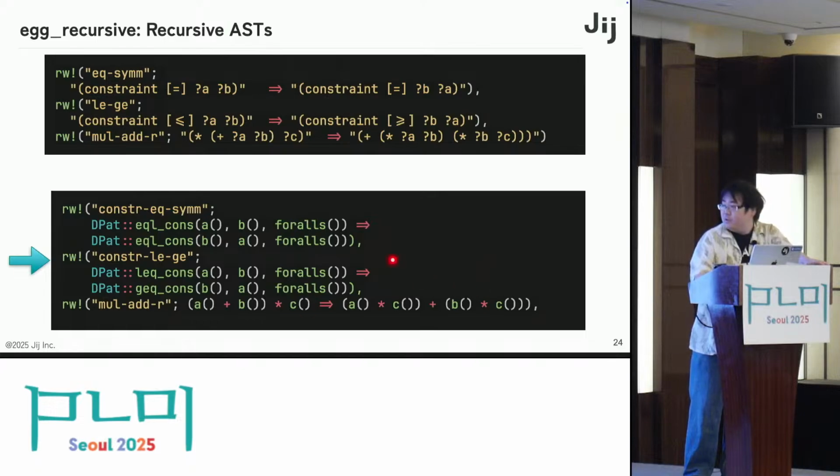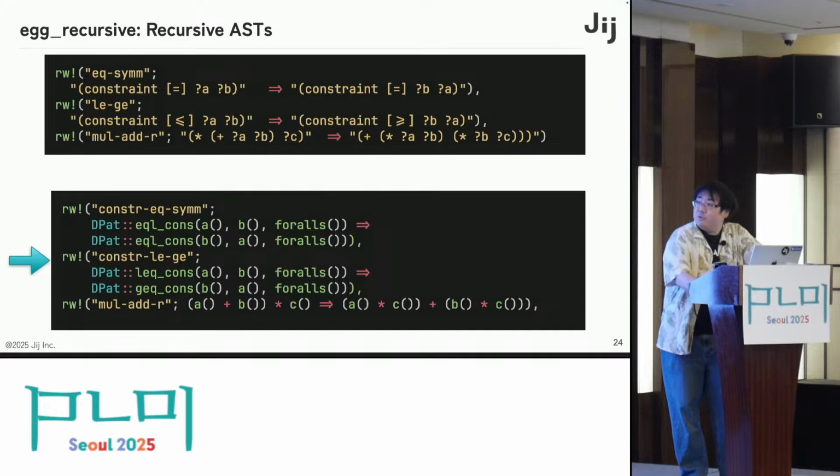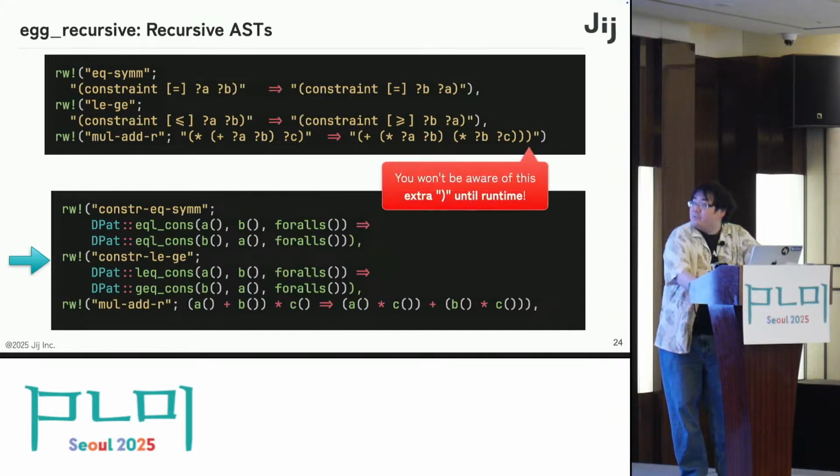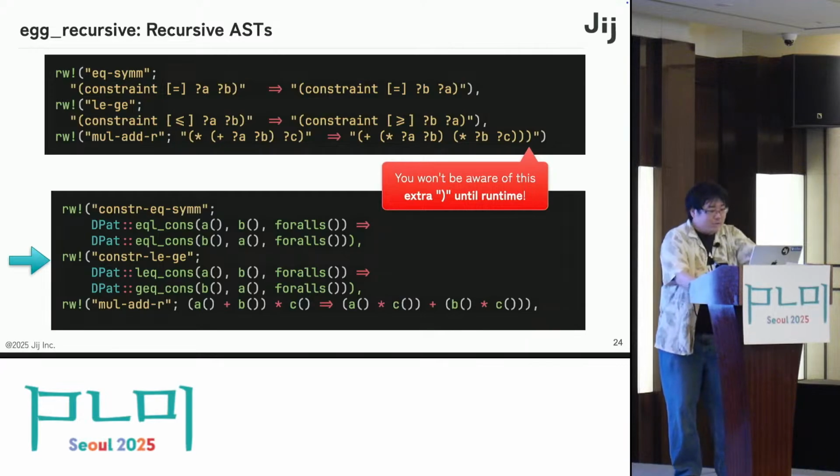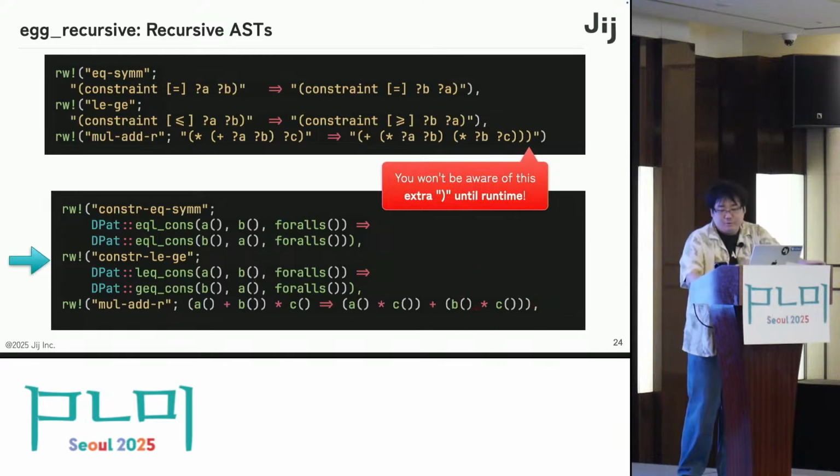So here we use times and plus operators, and I bet you're not aware this closing parenthesis is redundant or extra, and it will lead to a runtime error, but we are not aware. If we use an S-expression based interface, we are not aware of this extra closing parenthesis. But if there is such a thing here, the Rust compiler will warn us.